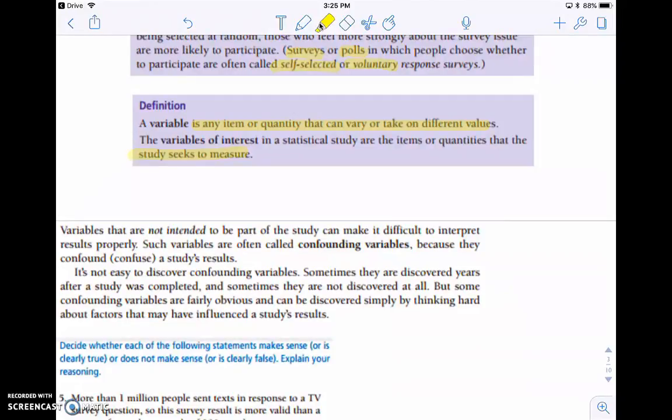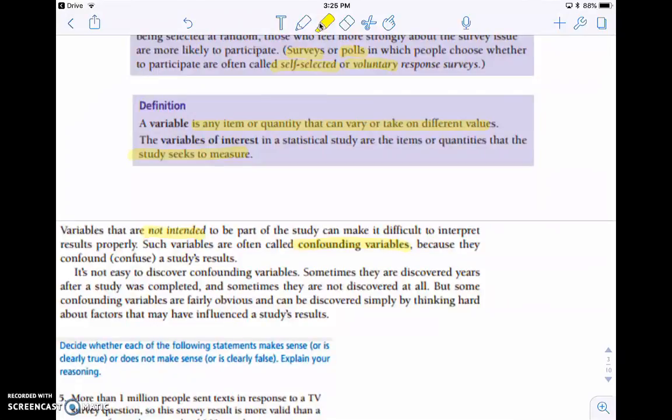Now, in almost any setting, there are variables that are not intended to be a part of a study and can make it difficult to interpret the results properly. These variables are called confounding variables because they confound or confuse a study's results. It is not easy to discover confounding variables.